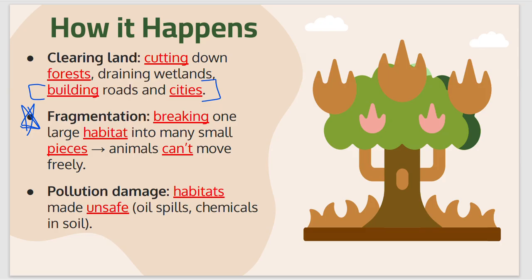Examples of this would be oil spills, chemicals in the soil, water that has experienced so much fertilizer pollution that the oxygen has been drained due to algae blooms. All of those are examples of how pollution can destroy a habitat and make it basically unlivable for organisms and living things.